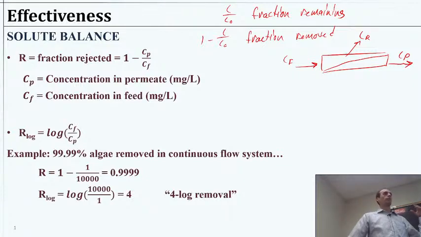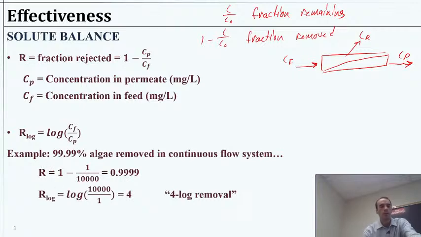That's a little cumbersome to say, 99.999% or whatever. So instead, we can take the log of CF, the concentration in the feed, divided by CP, the concentration making it through the membrane, and report that as a 2 log performance or 3 log reduction kind of thing. So if we take a look, this should make some sense. We have an example here.